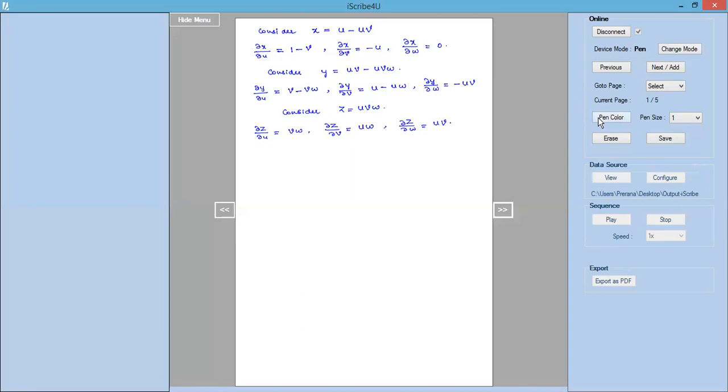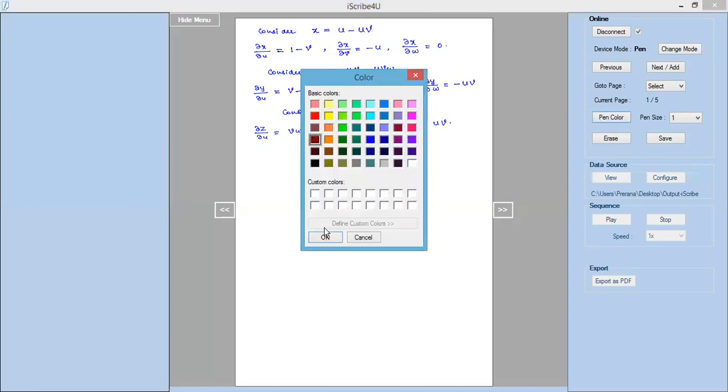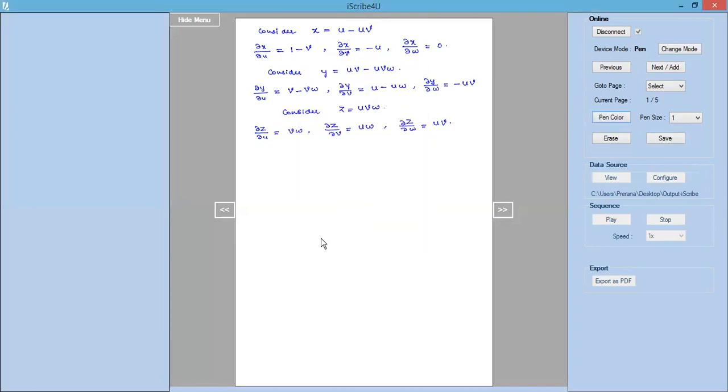Now with all these, we will substitute in the formula for the Jacobian. So therefore, J is equal to the Jacobian of xyz, we are finding xyz with respect to uvw.